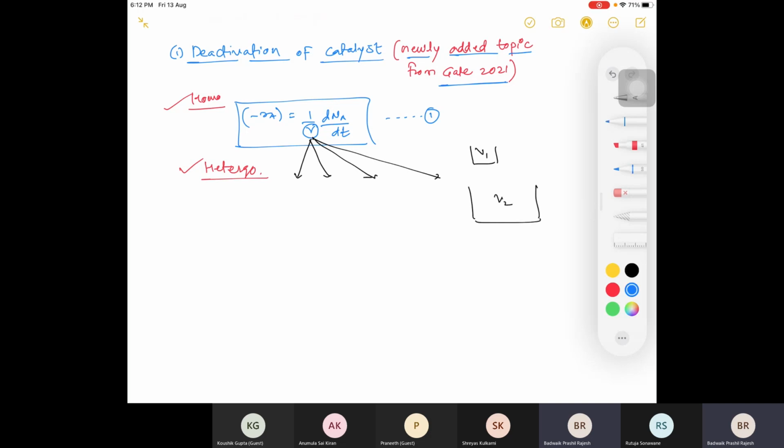Obviously, the number of moles converted will be higher in V2 as compared to V1, because that has higher volume than V1. So in order to make that rate a constant term, I am dividing by volume. So I'll get per unit volume how many moles have been converted.